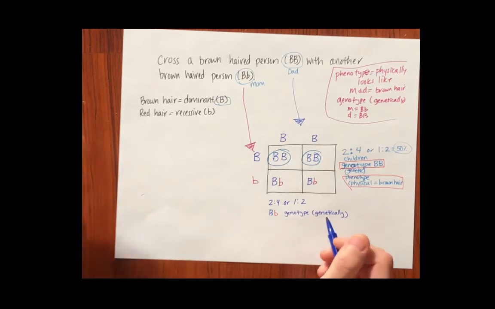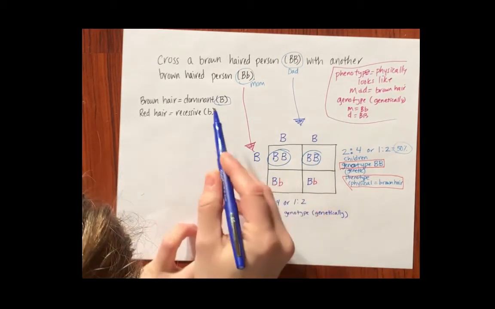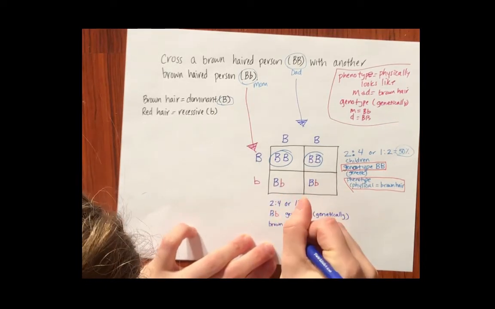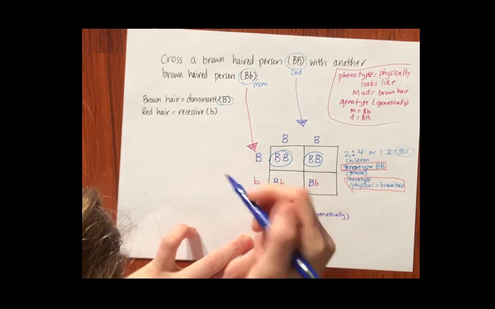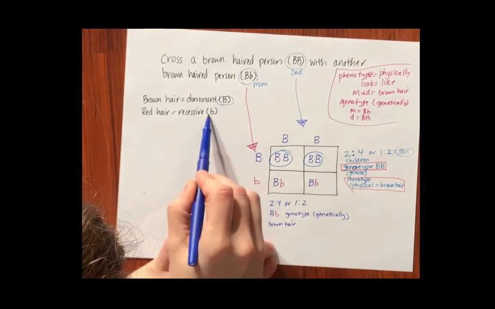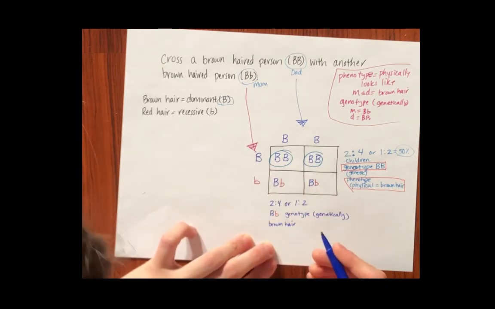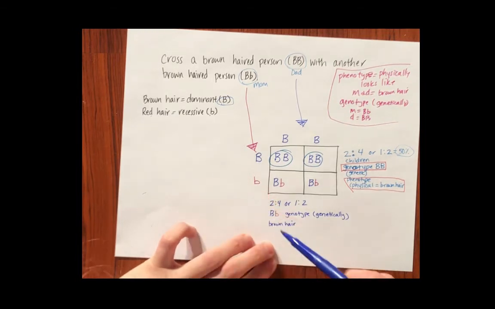However, when we're talking about what they are actually going to look like, well, this big B is dominant, so this is going to have brown hair because the dominant trait is going to show over the recessive, even though it's got the recessive red hair. That means maybe down the road they could have a kid that has red hair, but they're going to show that they have brown hair.